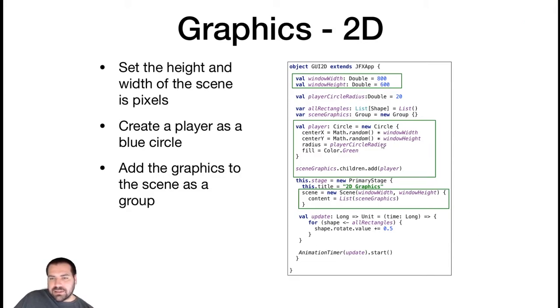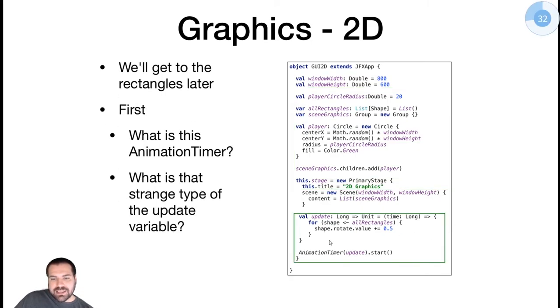So I'm specifying the height and width, and this update, this action timer that takes a function of type long to unit. It's going to take a long and return nothing. This update function is going to be called, presumably, or it's going to be attempted to be called at 60 frames per second.